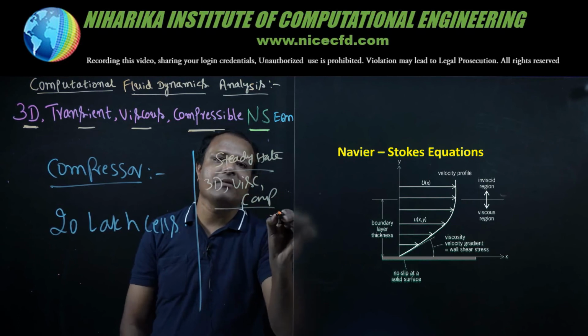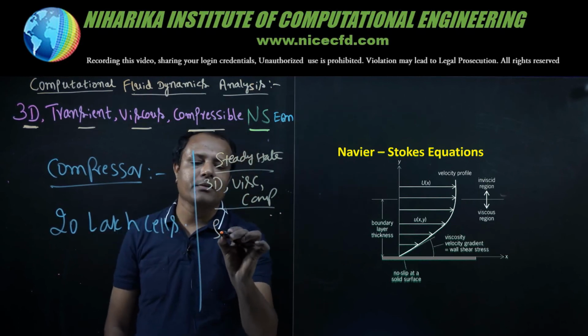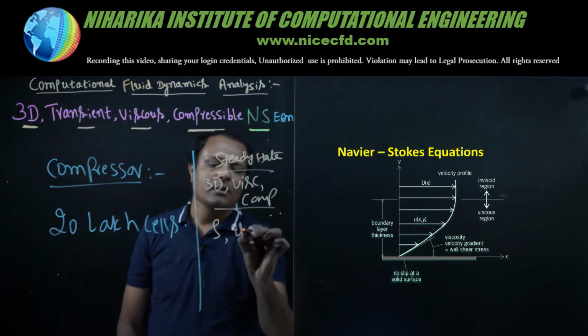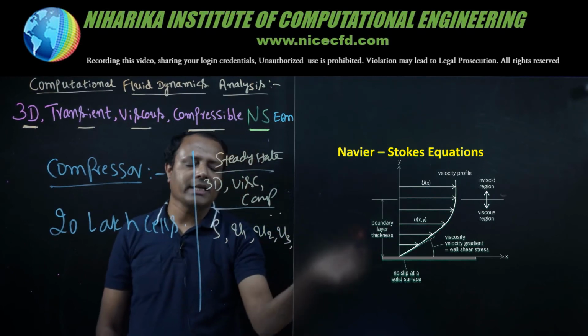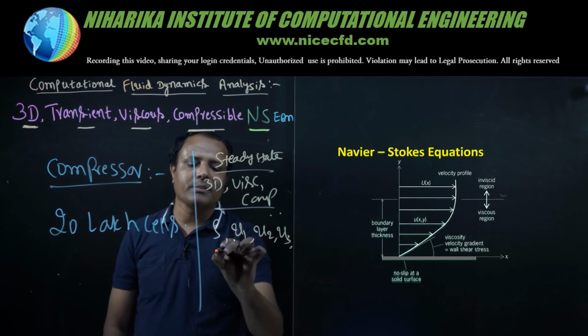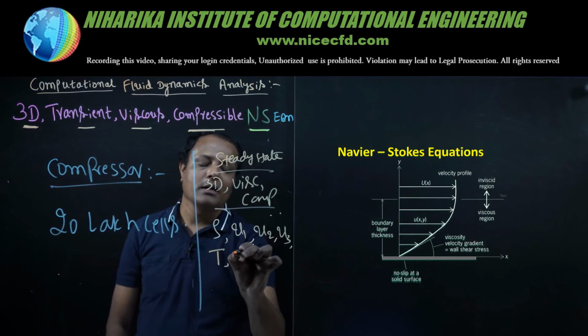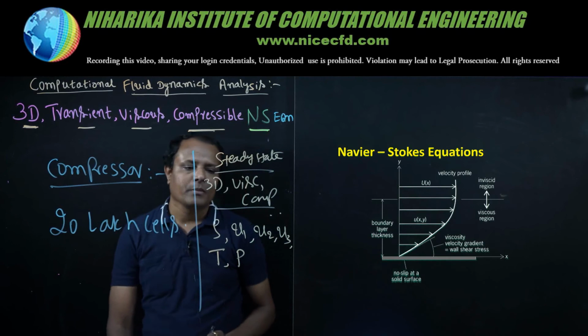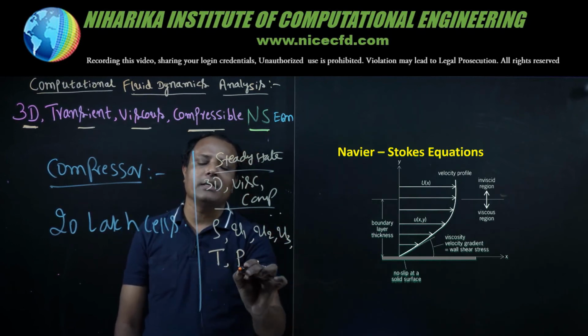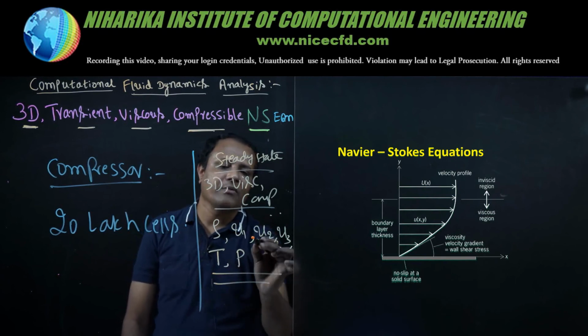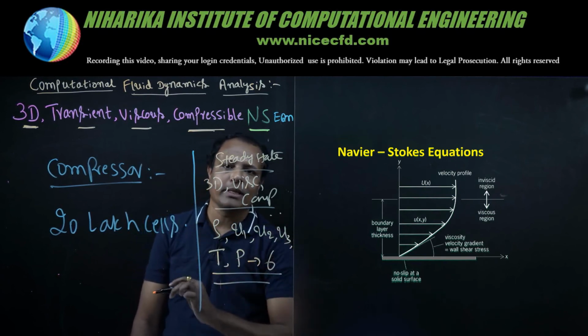So what will be my variables? In the continuity equation, rho, then U1, U2, U3, then of course the energy term will be there. The energy term is represented by temperature, and I have pressure. So I have rho, U1, U2, U3, pressure and temperature, correct? So I will be solving 6 variables.